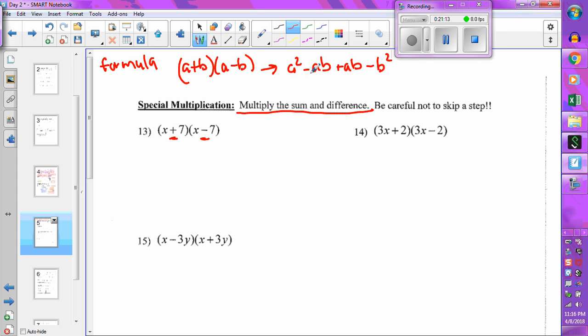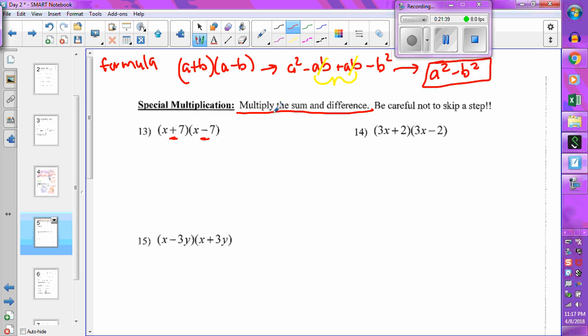If you were to combine like terms, because there's a negative AB and a positive AB, guess what would happen to them? They would cancel each other out, which means it would leave you with A squared minus B squared.